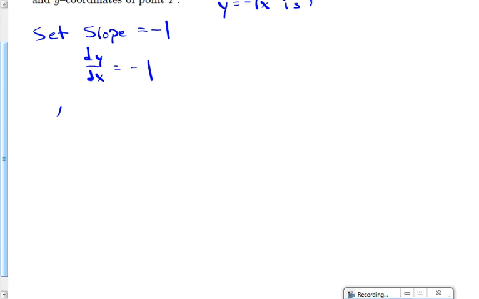You can do it another way. There's our slope equals -1.